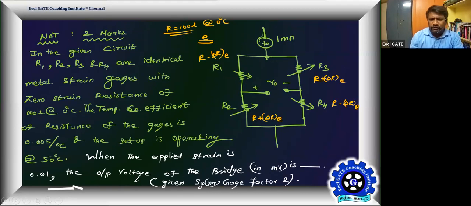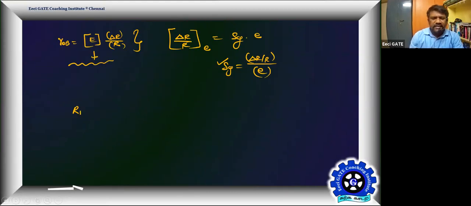They are gauges having a decrease in resistance, and R1 is equal to R4 since they are identical. The resistance decreases due to applied strain, but the resistance change due to temperature is always positive. Therefore, delta R due to strain alone is negative, treating this as a compressive strain in sensing elements R1 and R4.